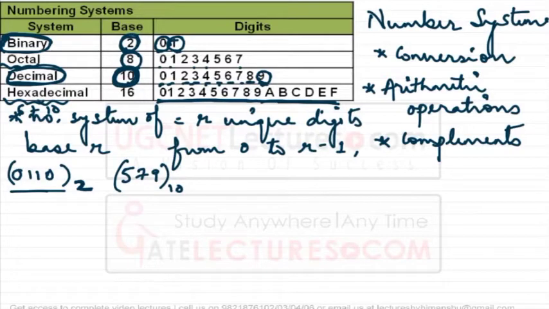See, the number of symbols or number of digits that a number system has must be unique. Suppose I take this symbol A. Instead of A, you must be thinking there should be 10. If I take 10, suppose I write a number in base 16. So how are you going to decipher it? How are you going to understand this number?